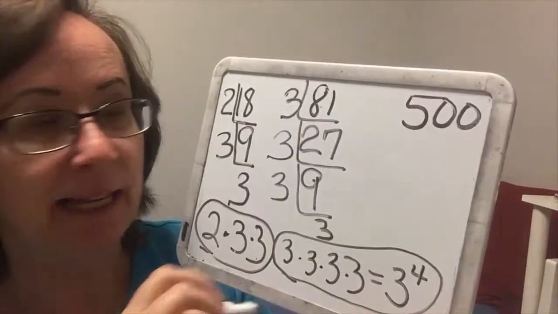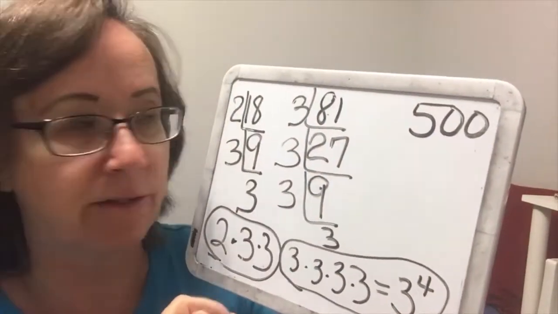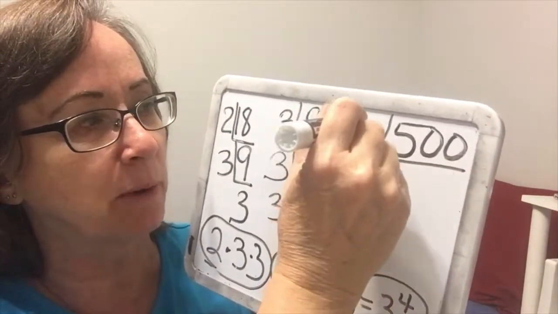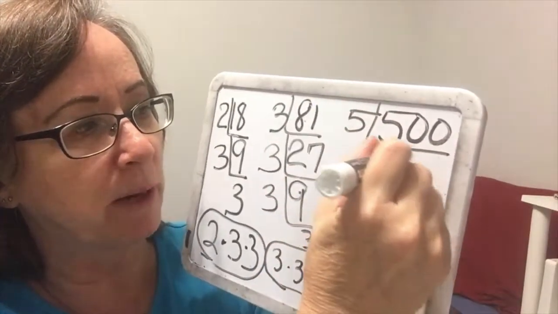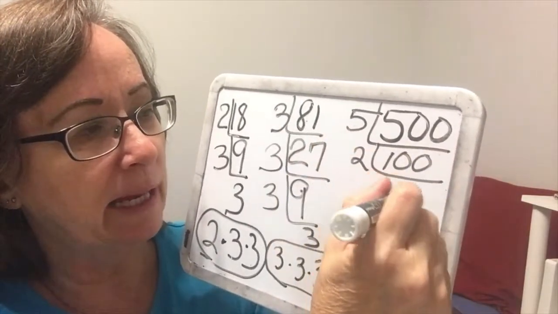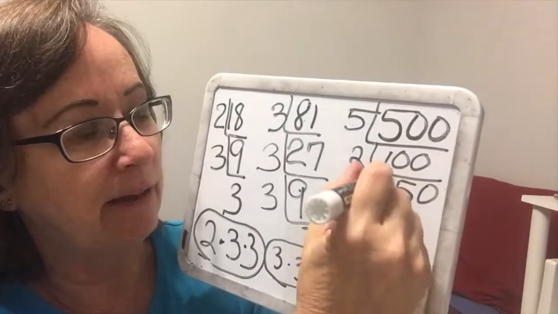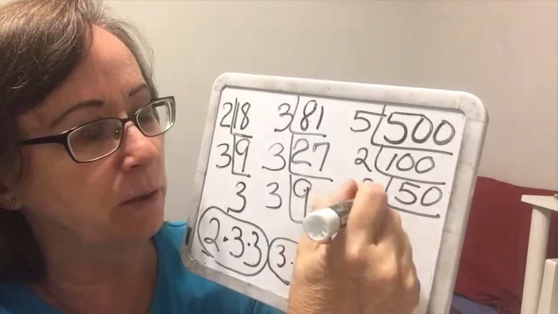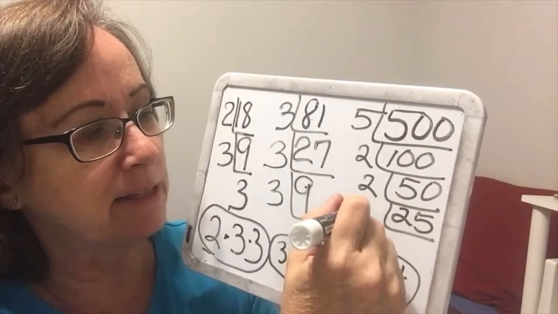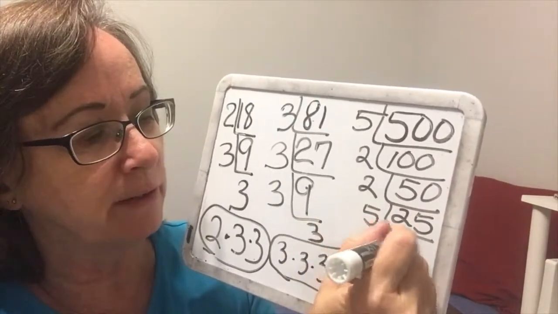So lastly, let's look at 500. 500 is divisible by 5, and 5 is a prime number, and I'm left with 100. And 100 is divisible by 2, and I'm left with 50. And 50 is divisible by 2, and I'm left with 25. And 25 is 5 times 5.